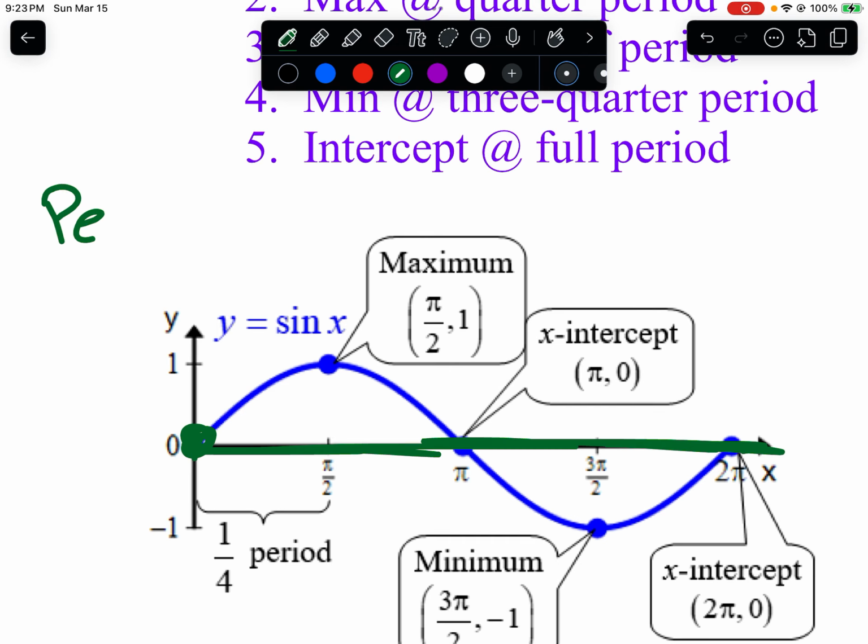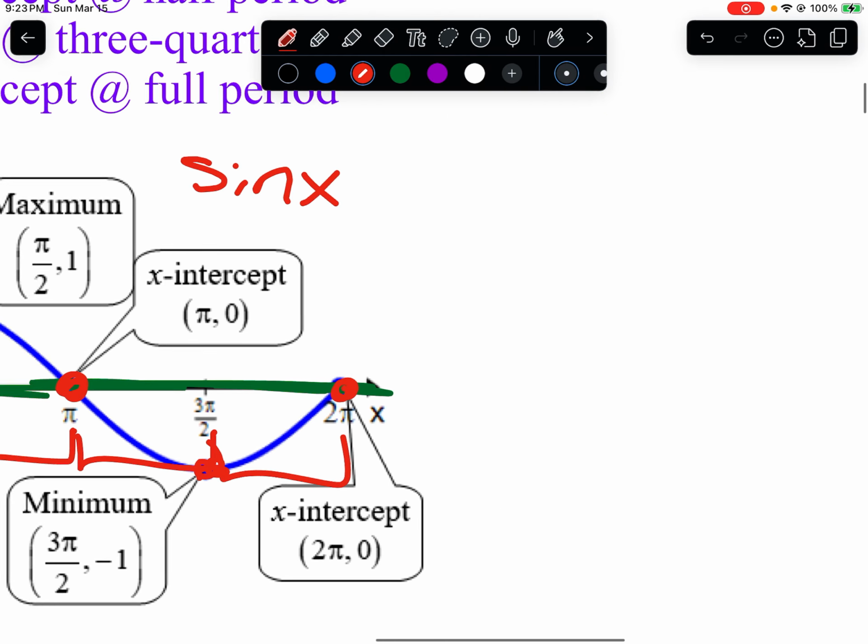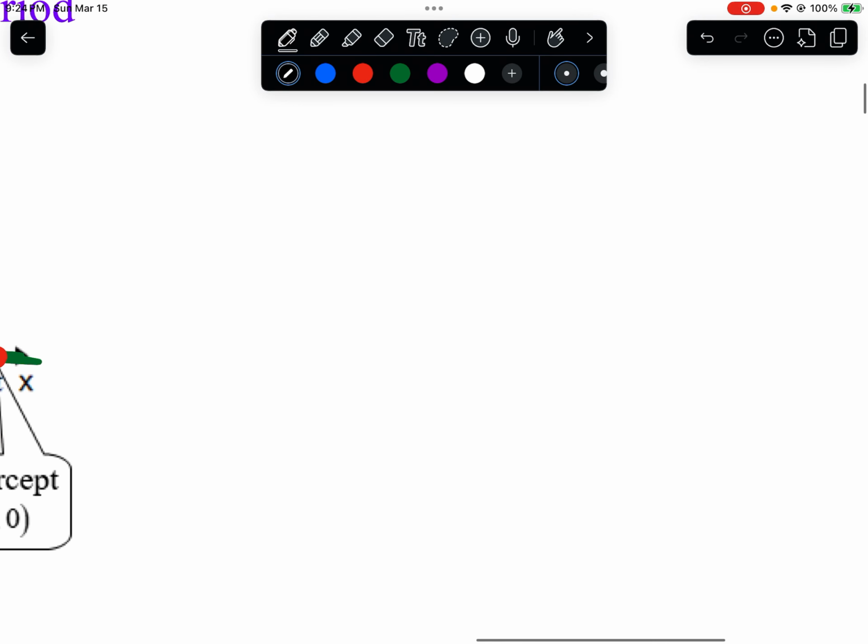But if we take that period length, whatever it is, and divide it by 4, that's going to give us 4 equal chunks. And at each one of those key points, our function is either going to hit its maximum value, intersect the x-axis, hit the minimum value, or again, intersect the x-axis. This is what a base sine function would look like.